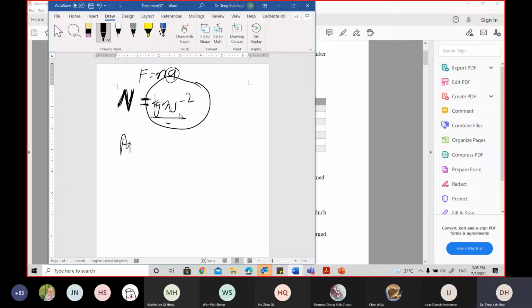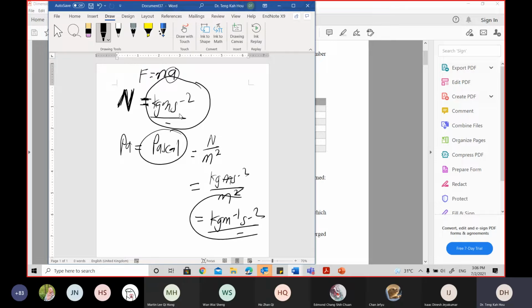And also Pascal, your pressure equals Pascal, am I right? So where is your Pascal? Newton per meter squared. So what is Newton per meter squared? kg m s^-2 per meter squared, so you have kg m^-1 s^-2 as your Pascal, right?